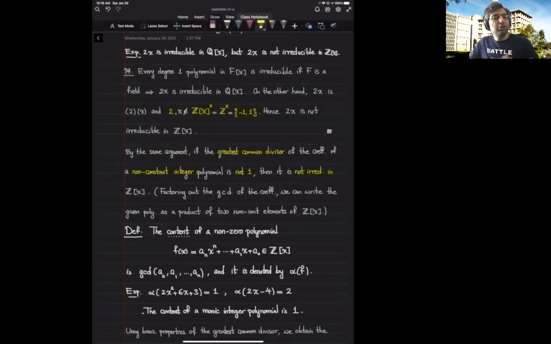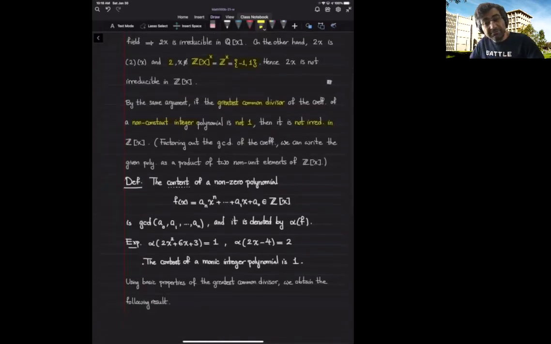But of course, in Q[x], I can factor out this greatest common divisor, but that's a unit, so I can throw it out. So the whole question of irreducibility in Q[x] has nothing to do with the GCD of the coefficients, but over Z, there is a subtle difference between them.